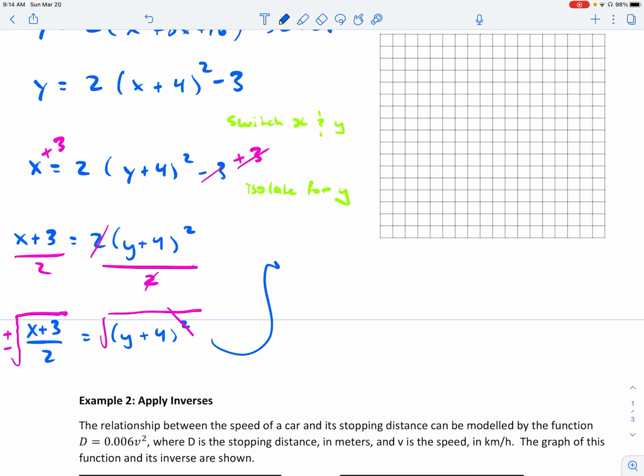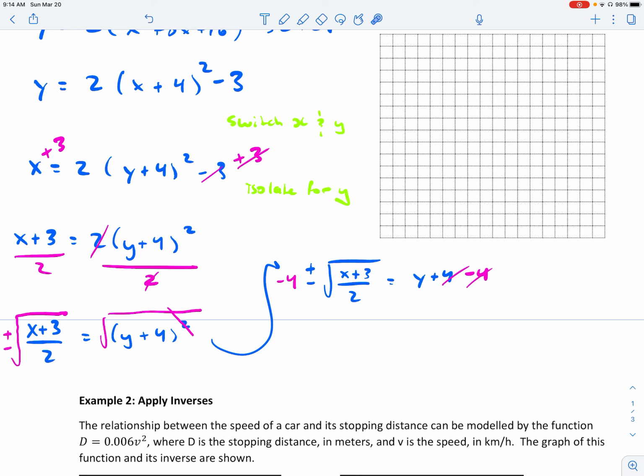All right, so we have y plus 4. Let's write this like this: plus or minus the square root of x plus 3 over 2 equals y plus 4. Now we just have one step left. Just subtract the 4 from both sides. So here we'll have a minus 4.